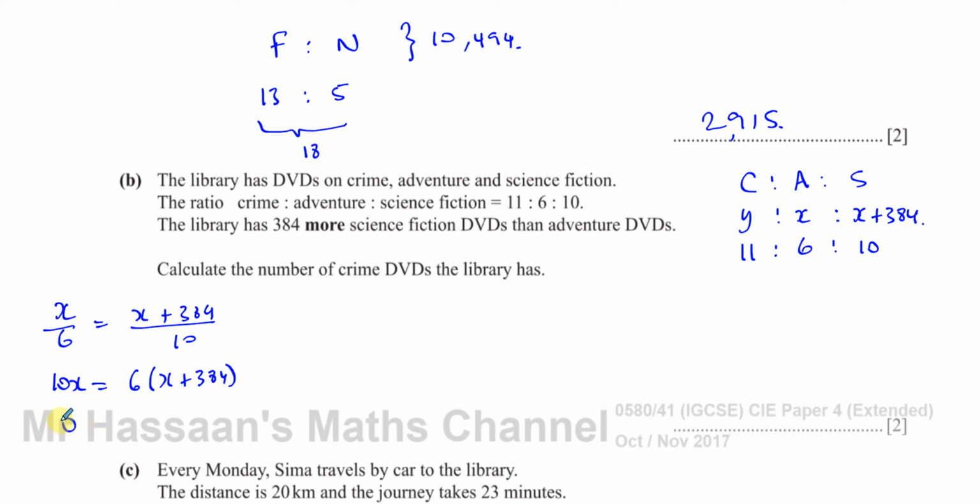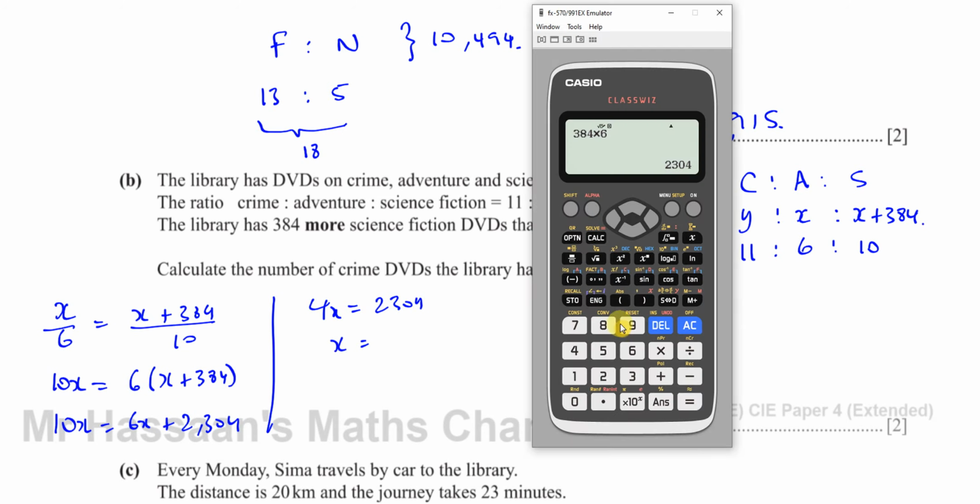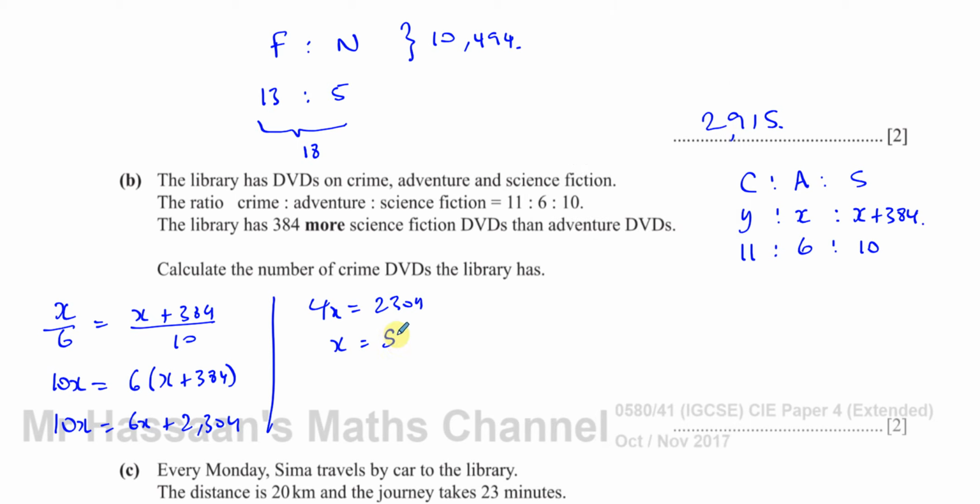So 10x equals 6x plus 2,304. So we can say 4x is equal to 2,304. So x is 2,304 divided by 4, which gives you 576.